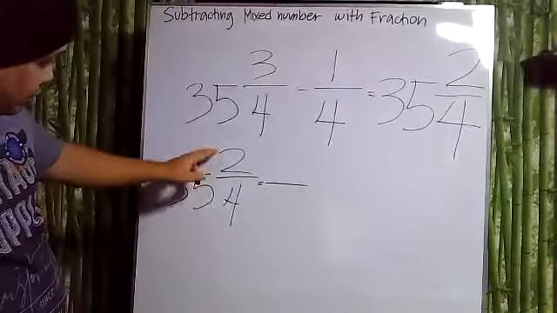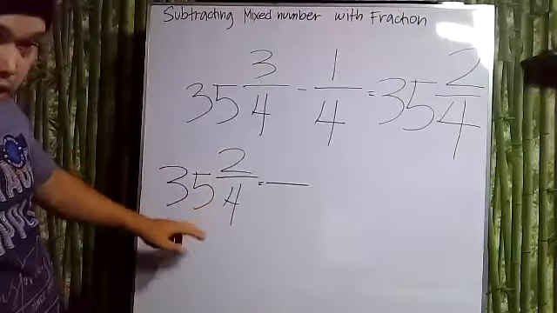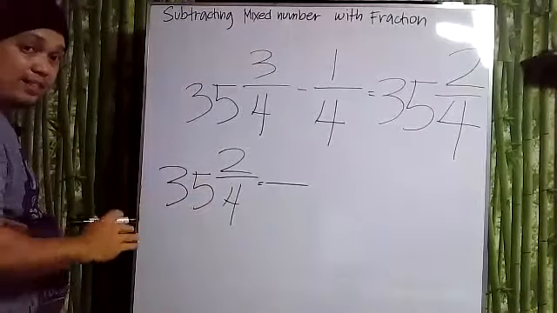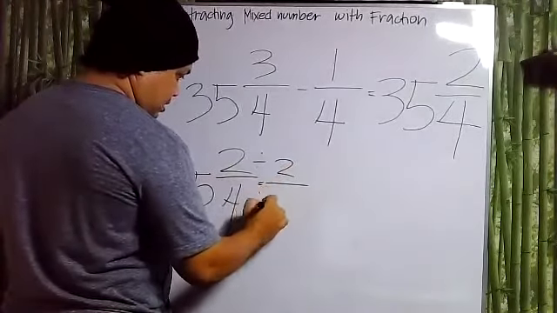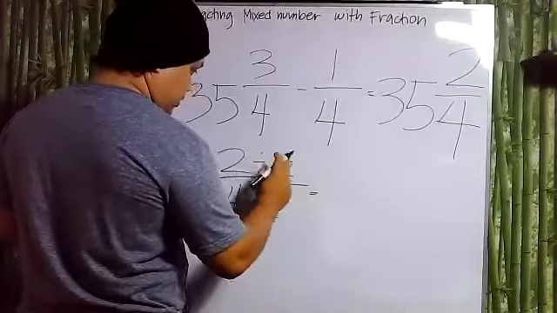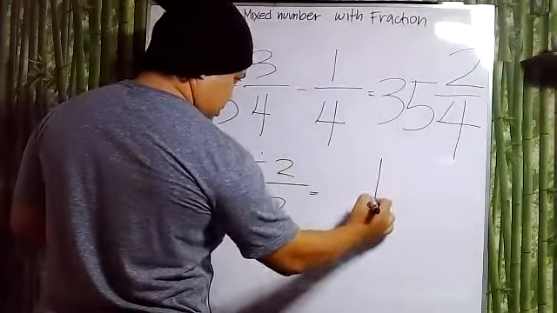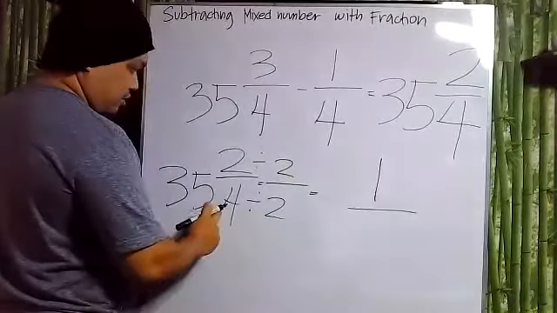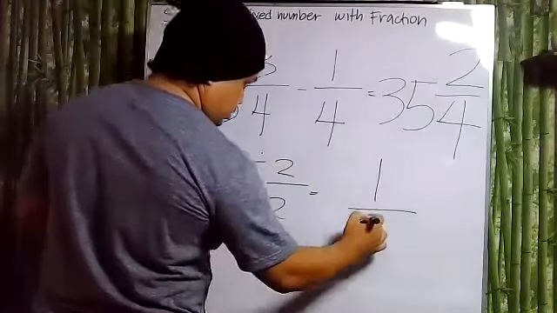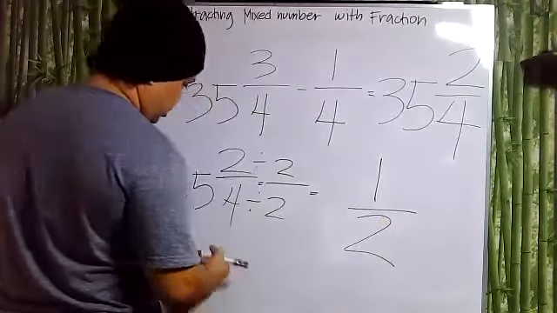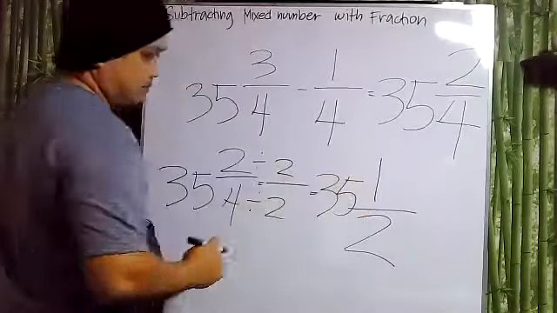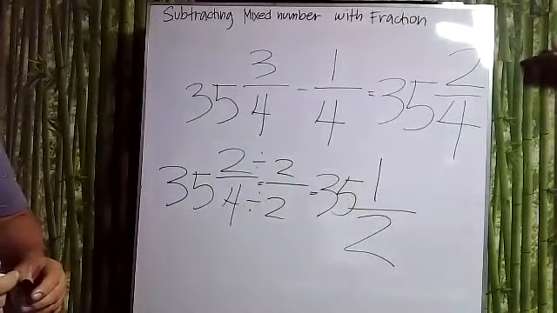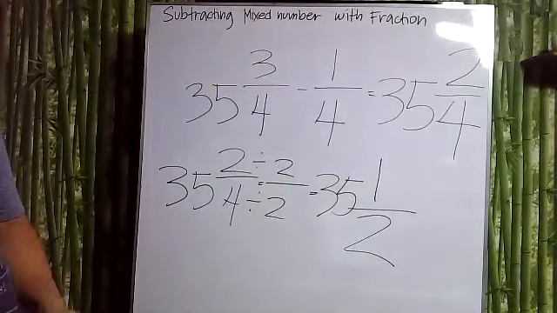Now 2/4 here we can still simplify because we can divide them both by 2. 2 divided by 2 is 1, and 4 divided by 2 is 2. So for our answer here we have 35 and 1/2. Okay, subtracting mixed number with fraction.